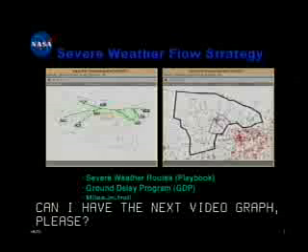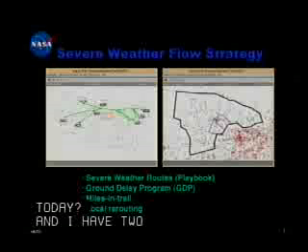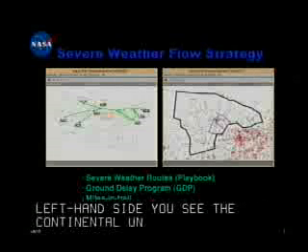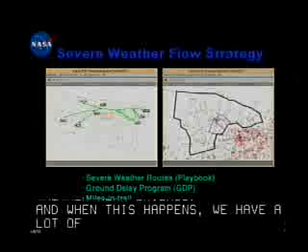Okay, how do we manage the traffic flow today? I have two pictures. On the left-hand side, you see the continental United States, and the red square indicates weather near Chicago. When this happens, we have a lot of alternate routes already pre-planned, called severe weather routes.